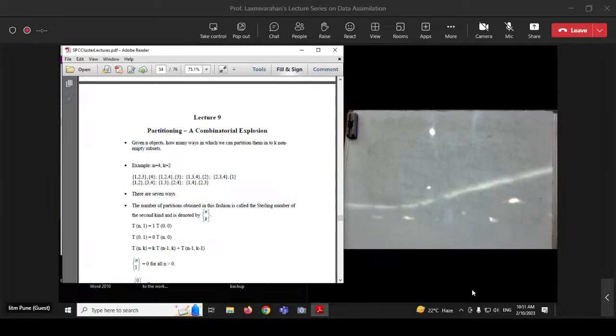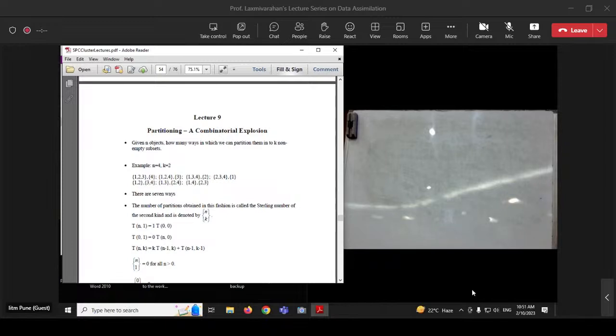Given n objects, how many ways can you partition them into k non-empty subsets? I have been given an object. In k-means clustering, I want to be able to divide the n objects into k clusters. What is k?